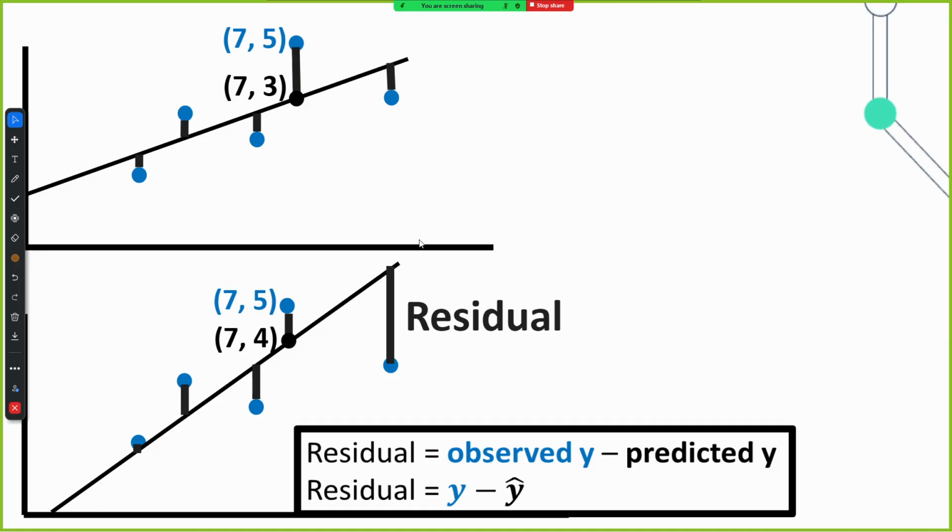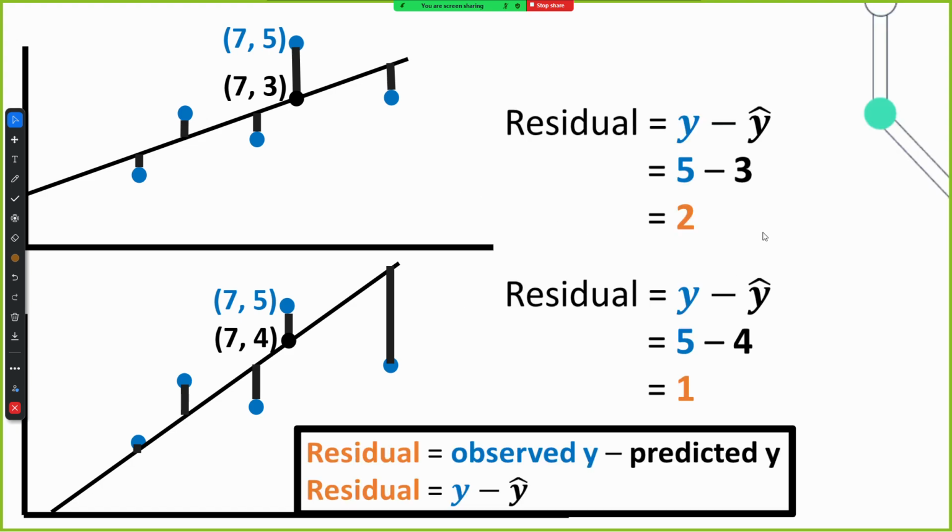We should actually be quantifying it, instead of eyeballing it, by taking the actual measurements and calculating those residuals. The errors or residuals are the actual point versus the predicted. So we take the point that it's at up here or up there and then subtract the line value, which is the predicted. Then we see what the residual is.